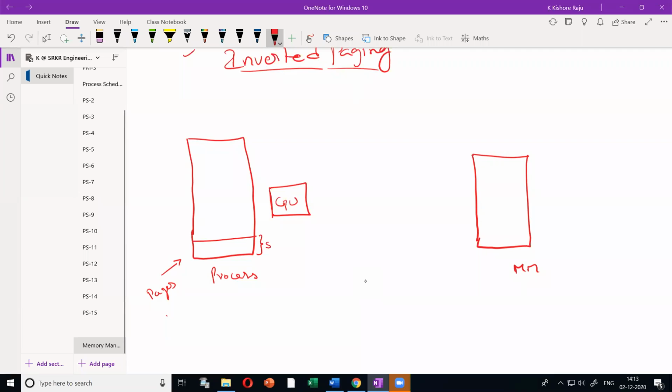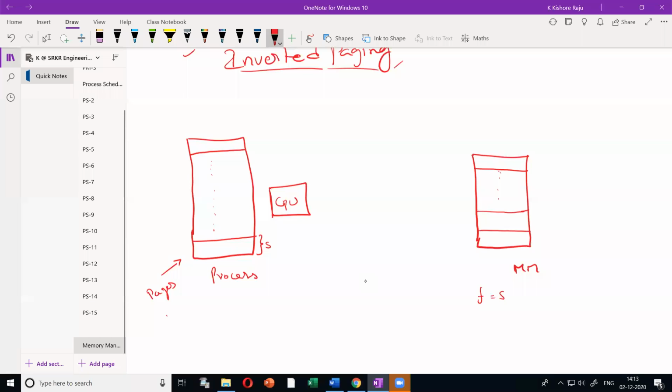Like this, we divide it into a number of pages, and then with the same page size, main memory will be divided into frames.